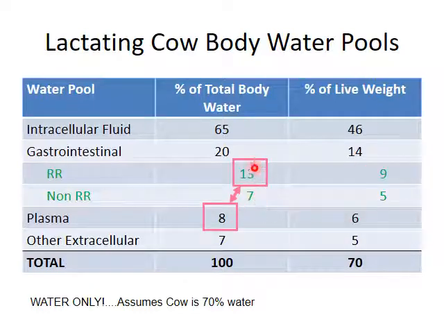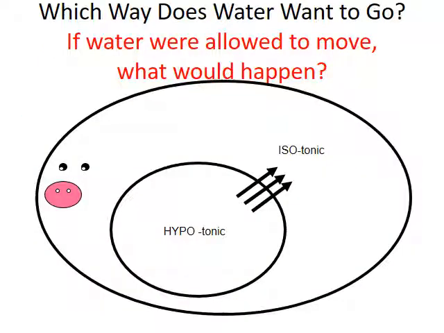So these are fairly large pools. If we have stuff shifting back and forth, trying to even things out, we may have problems maintaining the water pools and therefore the circulating fluids in the body.